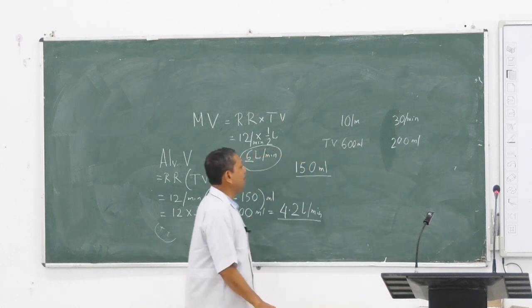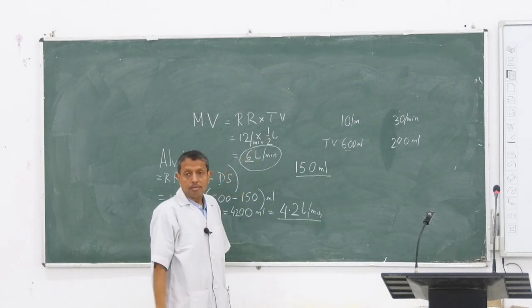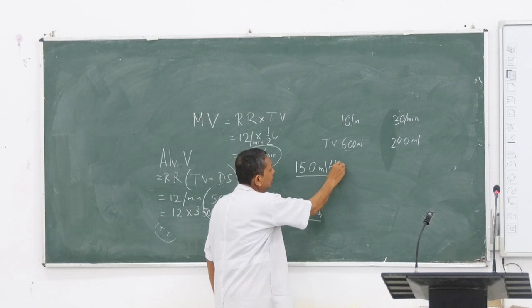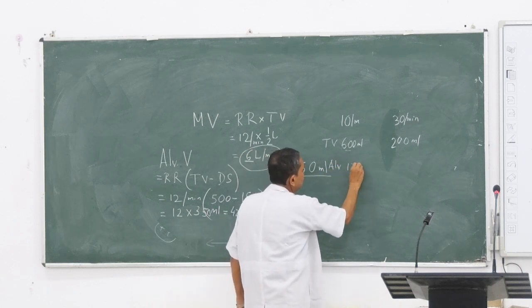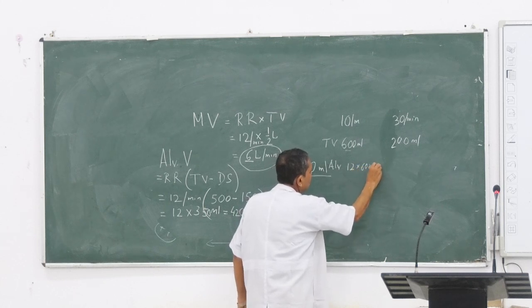Negative value may appear. Now tidal volume this, and alveolar ventilation. Alveolar ventilation in this case is 12 multiplied by 600 minus 150.